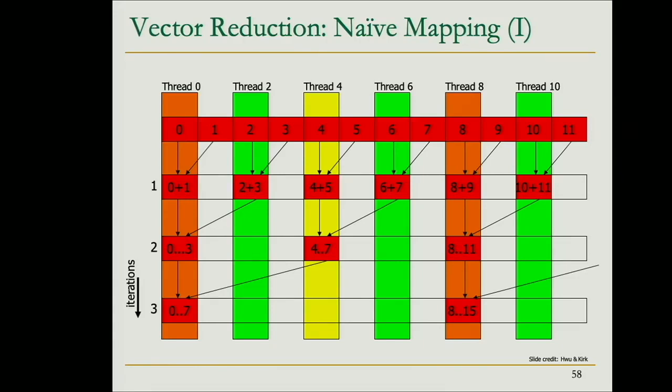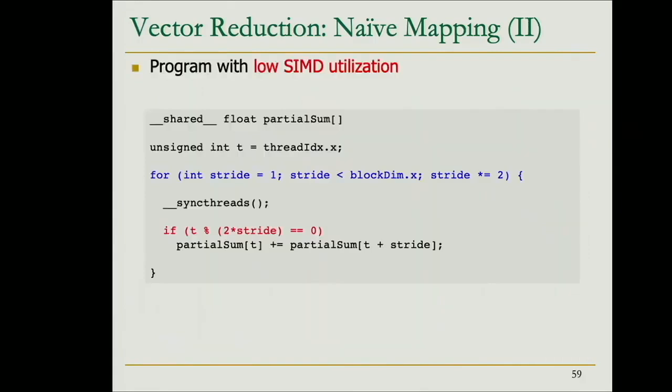Actually, from the very beginning, I only have thread 0 and thread 2 computing, and thread 1 and thread 3 are doing nothing. So even in the first iteration, I already have 50% SIMD utilization. And this is the naive mapping.